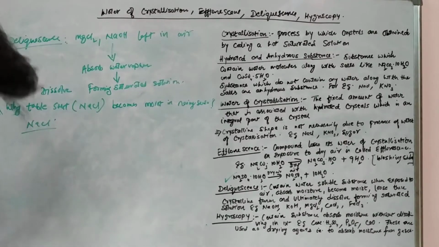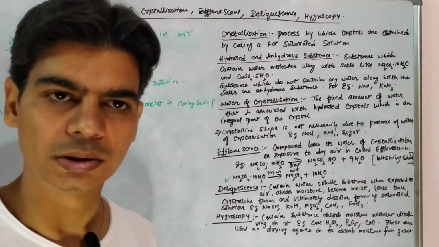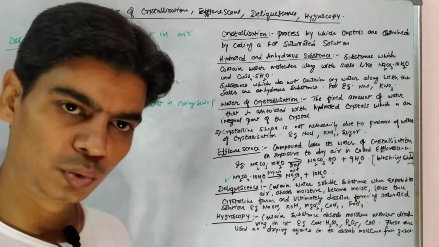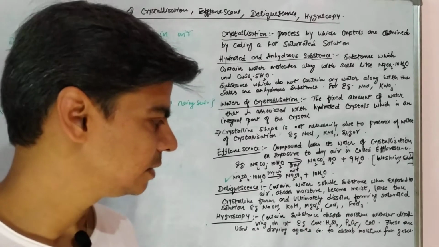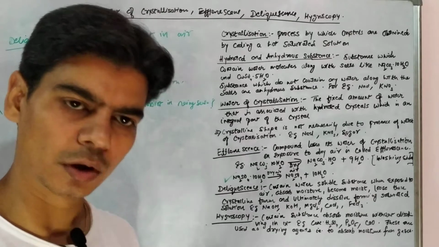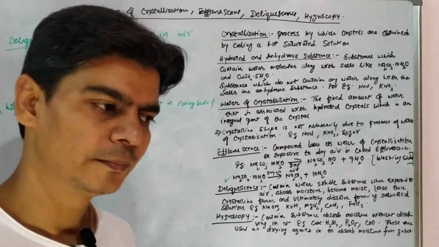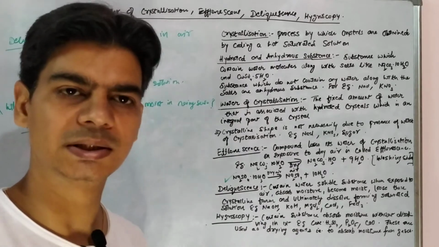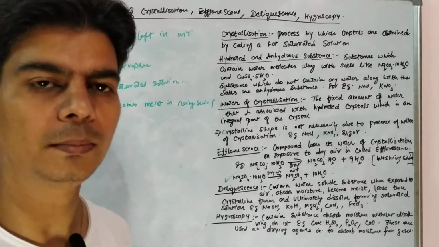Why does it happen? It's not deliquescent, but it contains some impurities like magnesium chloride and calcium chloride. It's actually these impurities, magnesium chloride and calcium chloride, that absorb water vapor from air, right, and dissolve in it, forming a saturated solution. So that is why you will notice that table salt becomes moist in rainy season, because of these impurities that absorb water vapor from air.